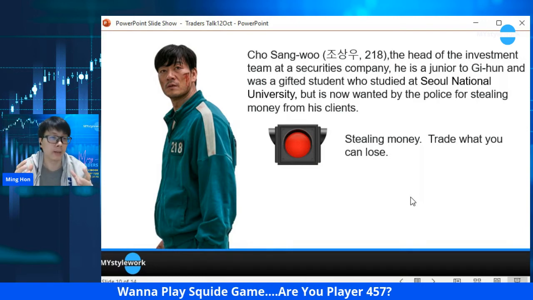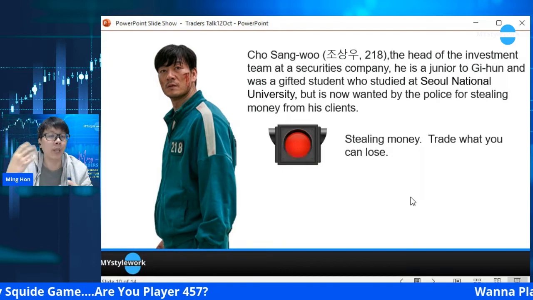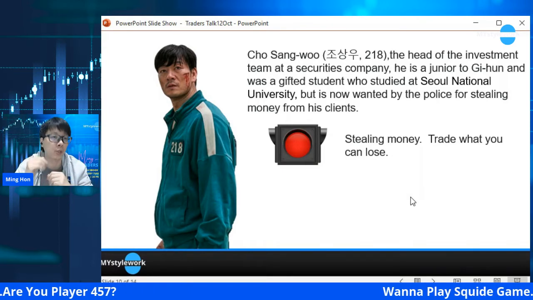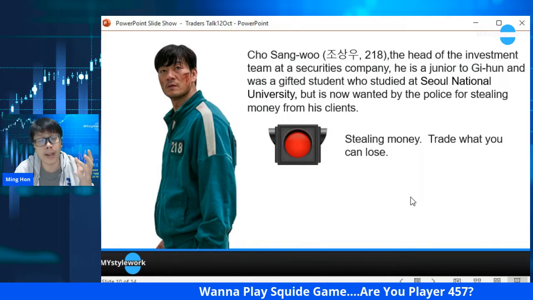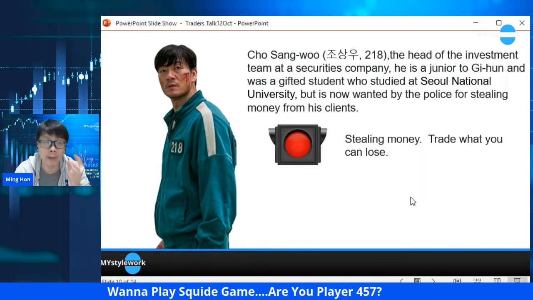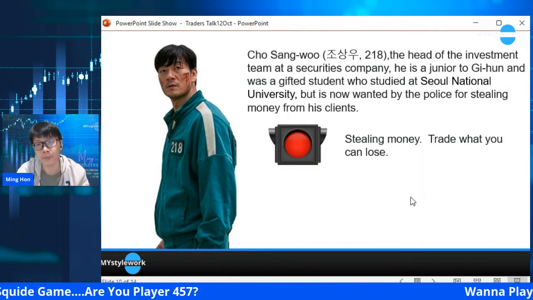It is too big that you cannot afford to lose this money. This money is important to you. Then what you're going to do as a trader is reduce your trade size to the extent that even if you lose this money, it's okay, no problem, do another trade. Okay, that's the no good.